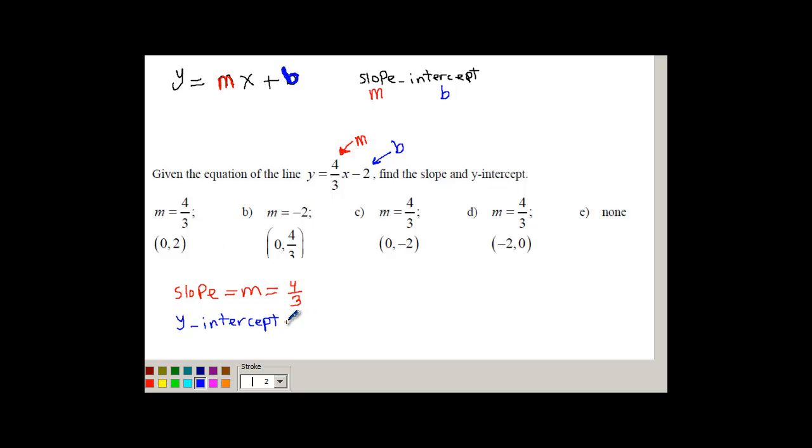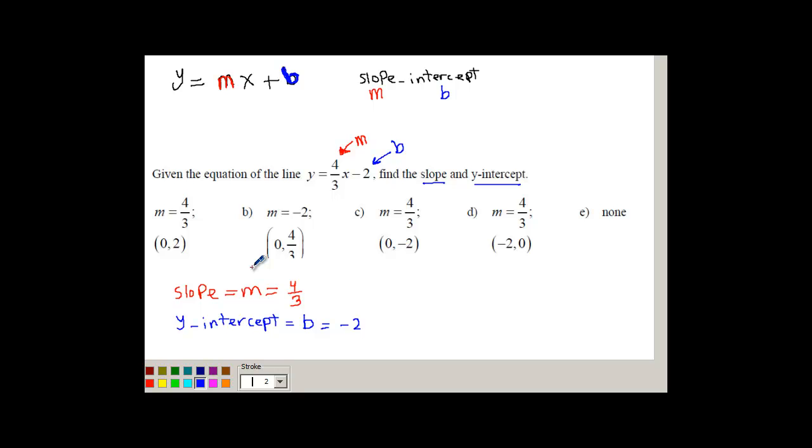Right, so the y-intercept or b is equal to -2. Your slope is 4/3. So in this case, they want you to find the slope and y-intercept. So the first number should represent the slope, which is 4/3.